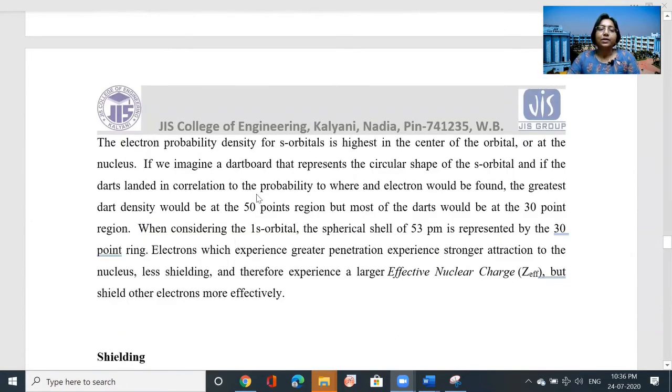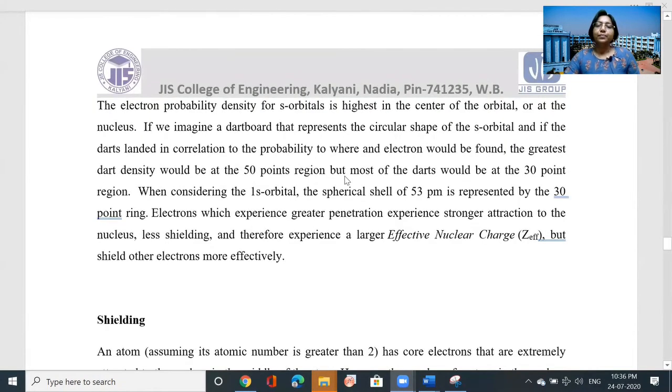The electron probability density for the s orbital is highest because it remains closest to the nucleus. The electron in the 1s remains closer to the nucleus, so it is highest at the center of the orbital, at the nucleus.